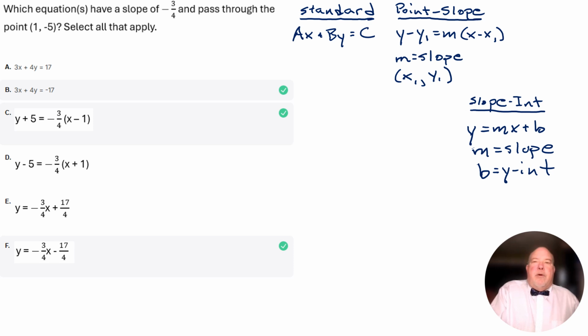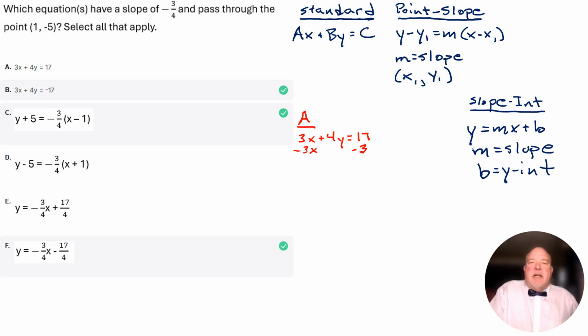So for A, let's change colors. I'll do A here. I have 3x plus 4y equals 17. I'm solving this for y, so I'm going to subtract 3x from both sides of the equation.